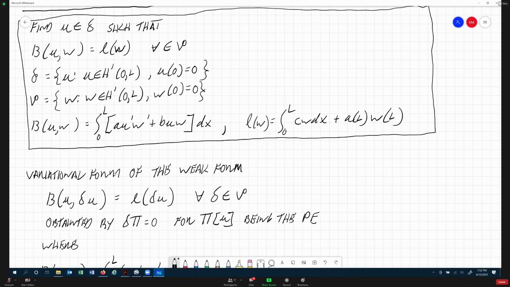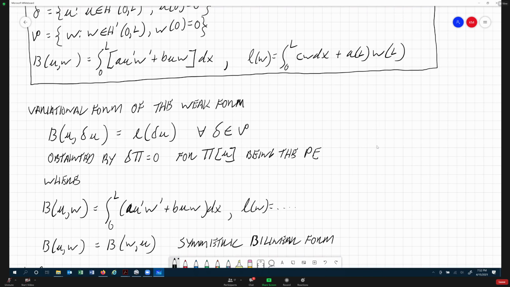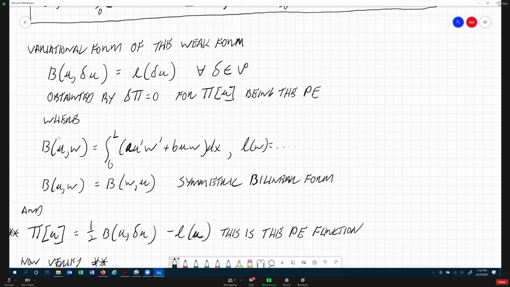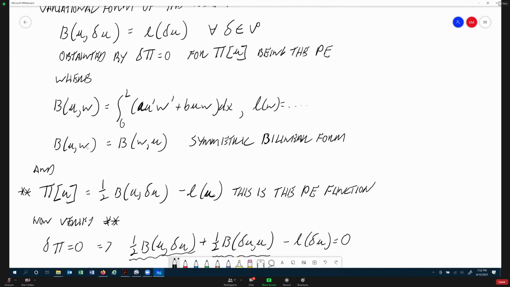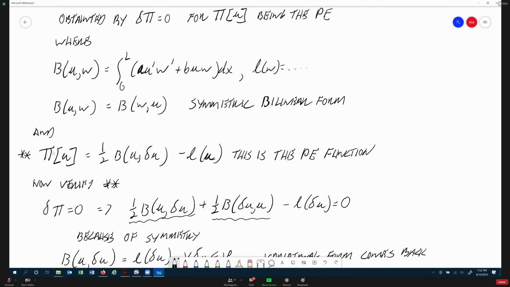And then we take the variational form of that. We have this weak form solution that has this weighting function in it, in a different space. Now we're going to take the variational of that. We know this B function is symmetric. It's a bilinear form. And we're going to apply the theorem of minimum potential energy.